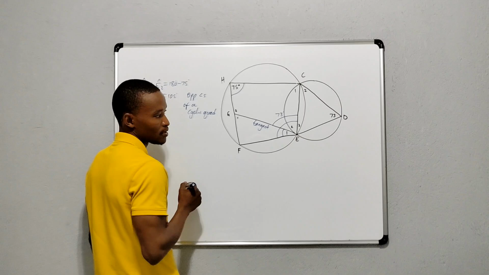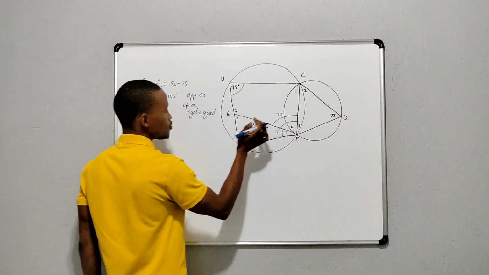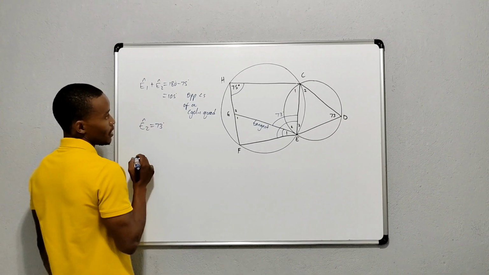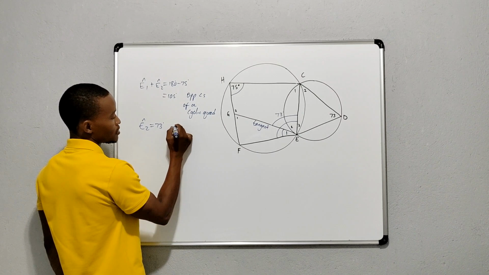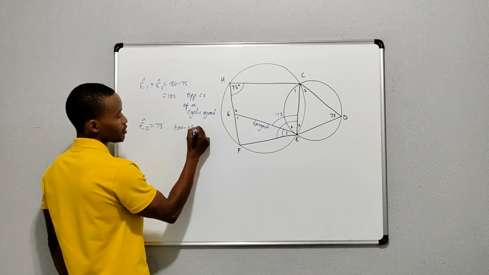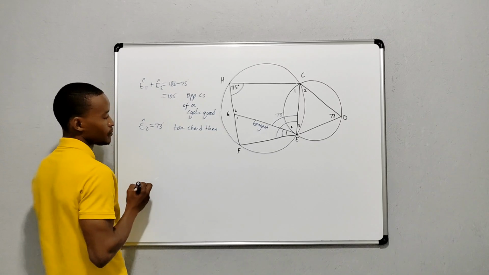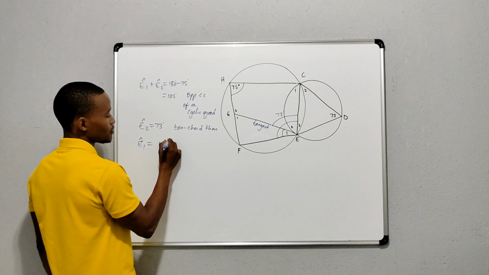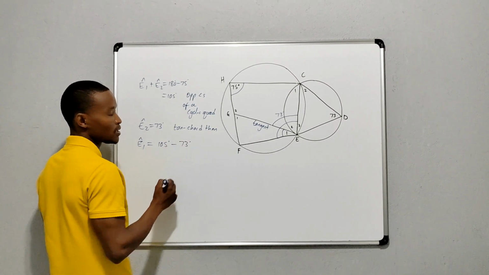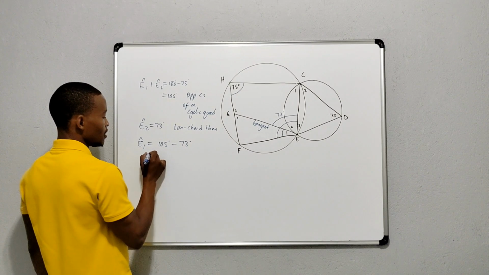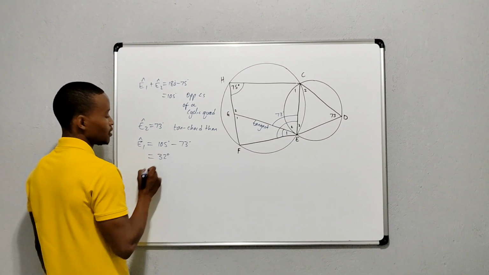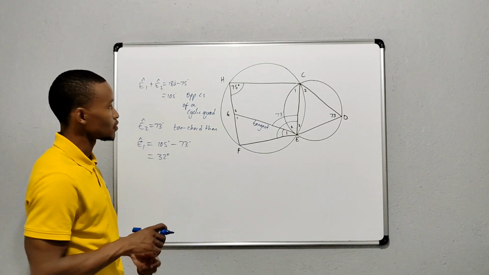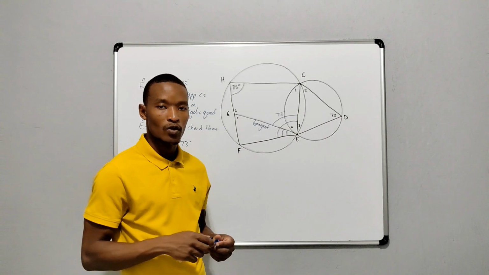It must also be 73 degrees, which is actually E2. So E2 is equal to 73 degrees, and that is from the tan chord theorem. Substituting there, we know that E1 will be equal to 105 degrees minus 73 degrees, giving us 32 degrees. And this takes care of question B under question 5.